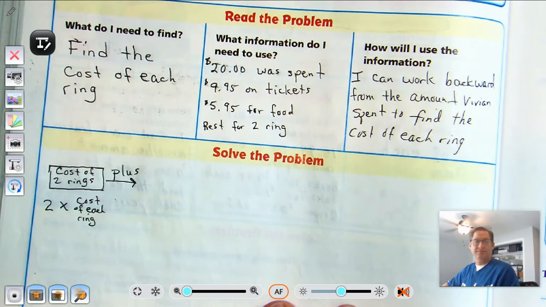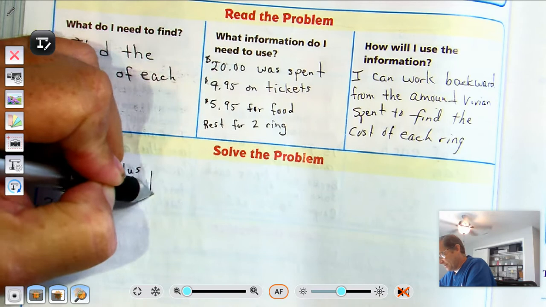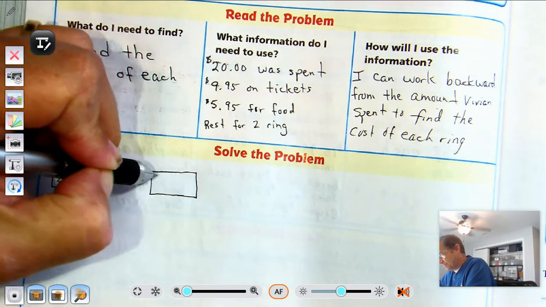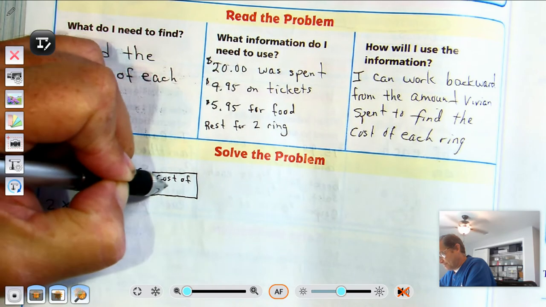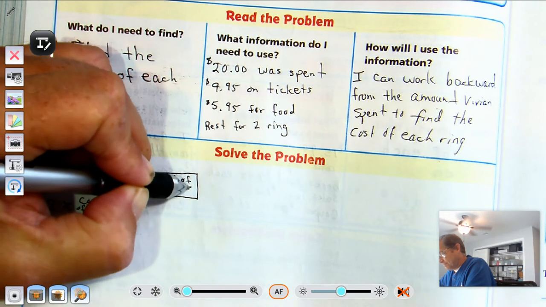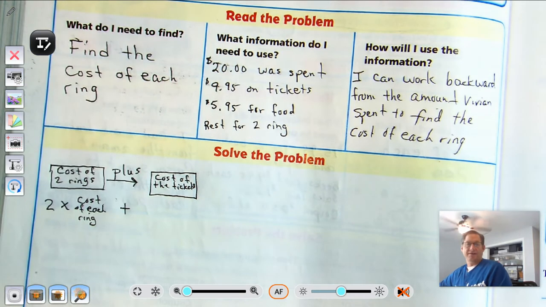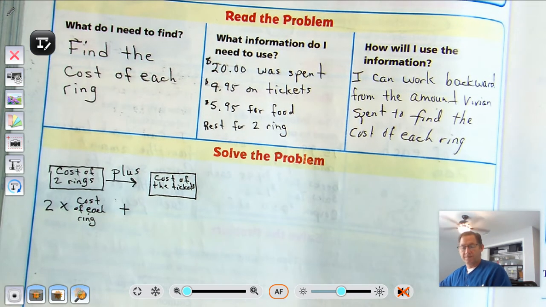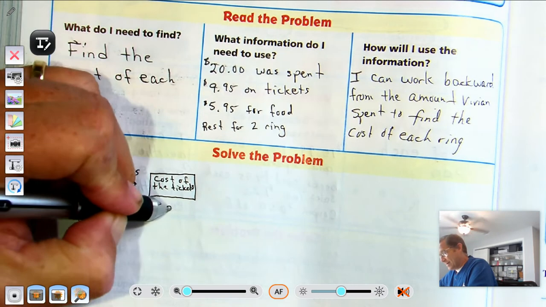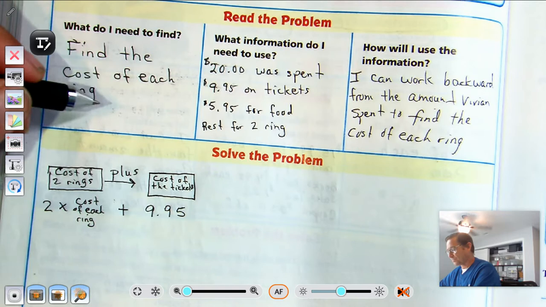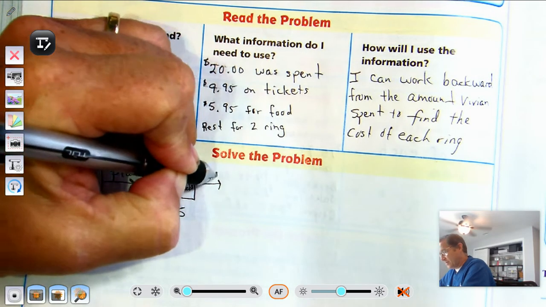So we're going to have to add our second piece, which I'm going to go ahead and say the cost of the tickets. Okay. So mathematically, obviously that would be a plus sign. What was the cost of the tickets? Well, the cost of the tickets was $9.95. All right, we'd also have to add the cost of the food.